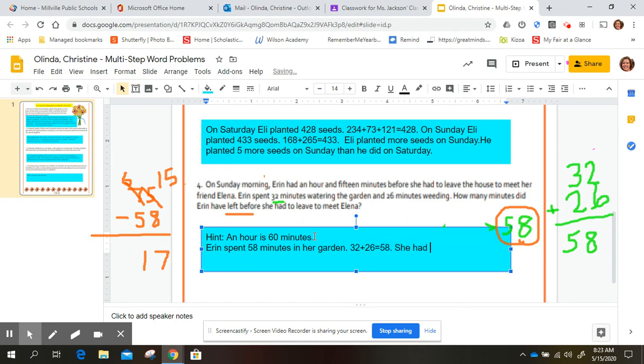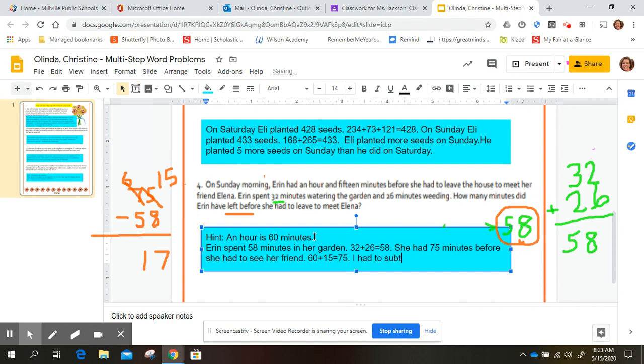She had 75 minutes before she had to see her friend, and that would be 60 plus 15 equals 75.